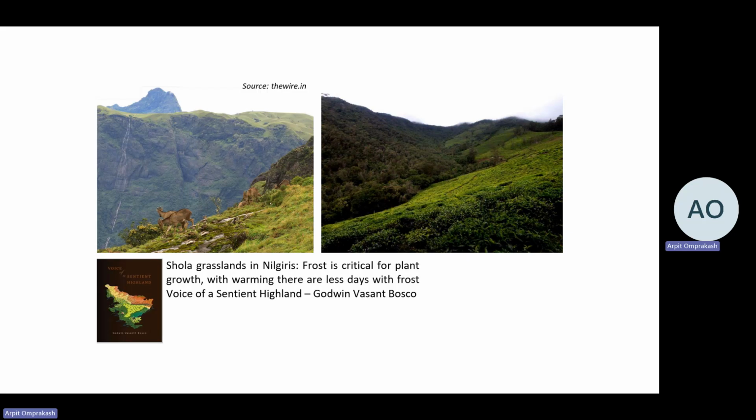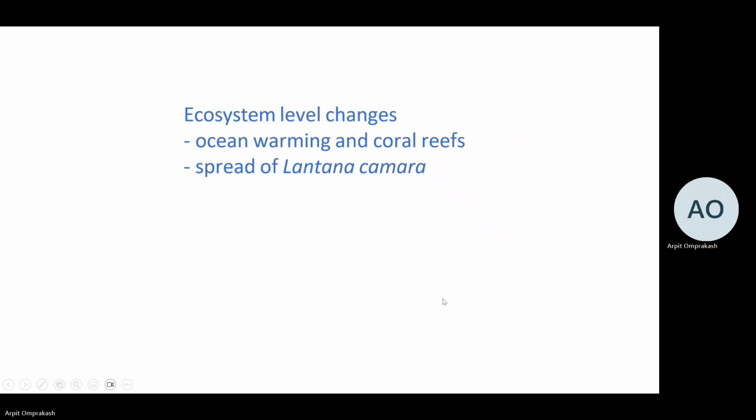They have grassland patches interwoven with forest patches high on top of these mountains in the Western Ghats. What happens here is that frosting is a very critical time period for plant growth, and with warming there are fewer days with frost, and because of that it's affecting the whole ecosystem. Right.